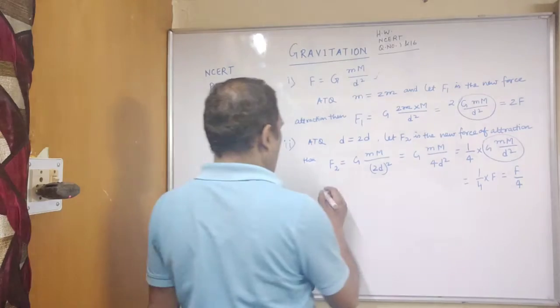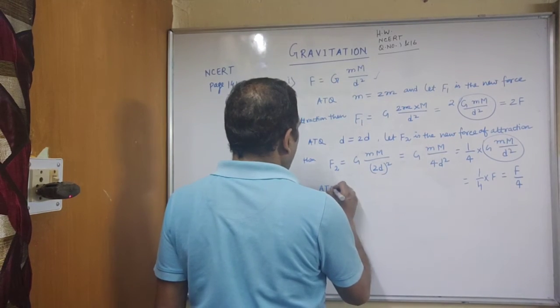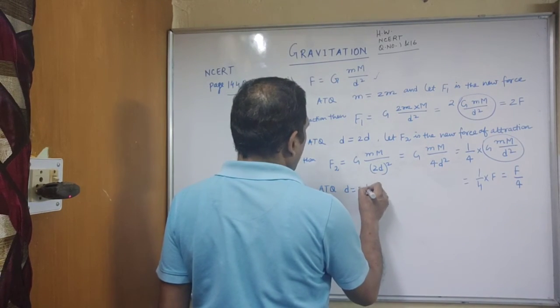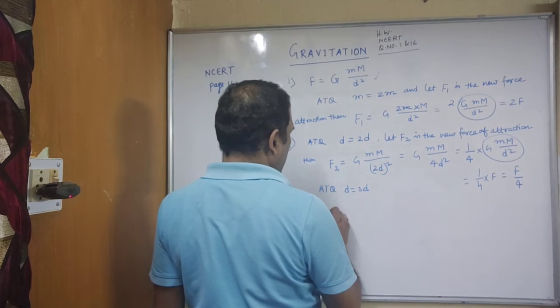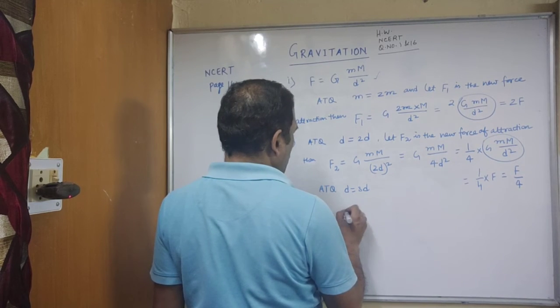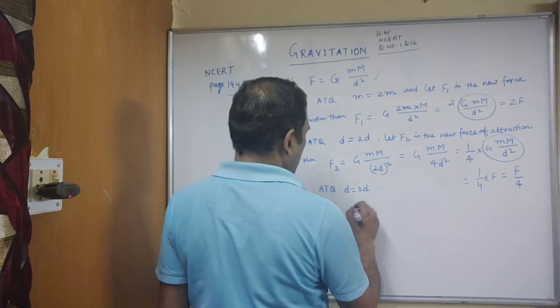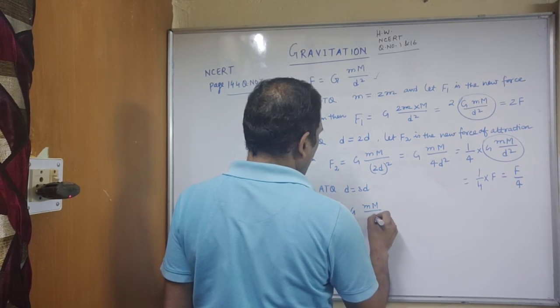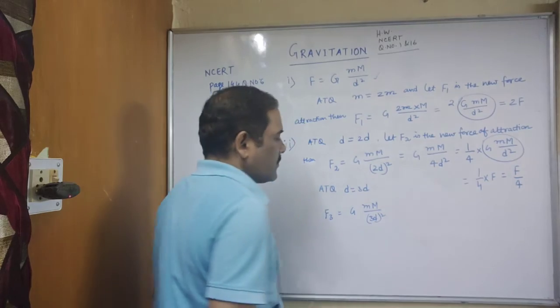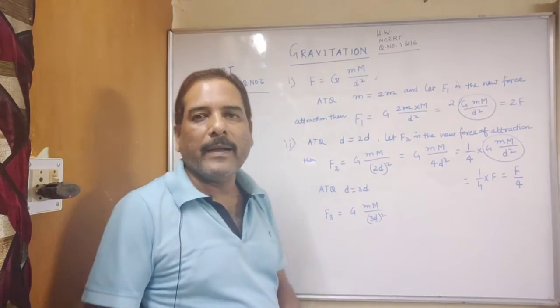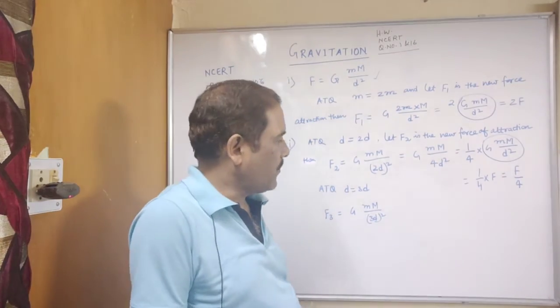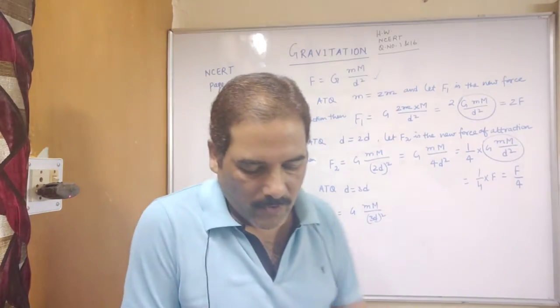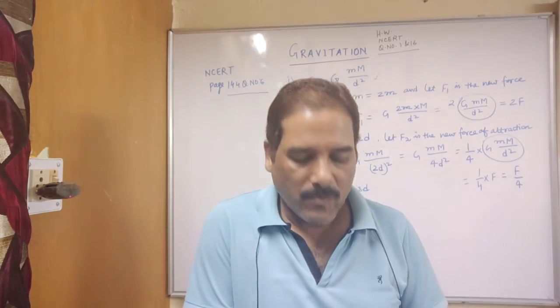Suppose F3 is the new force. So you will do like this, it will be 3d whole square. So 1 by 9 times the original force. So you will solve this question, it is also homework.